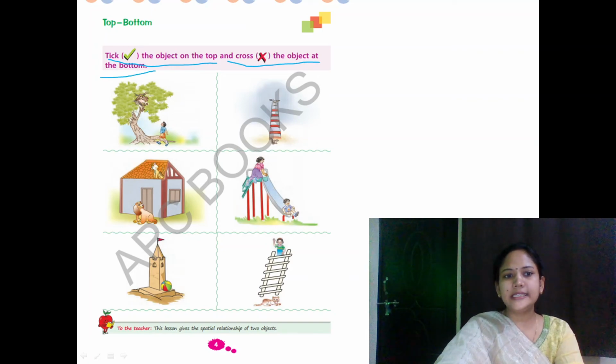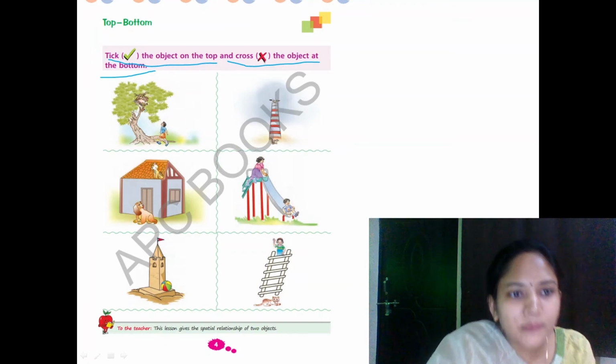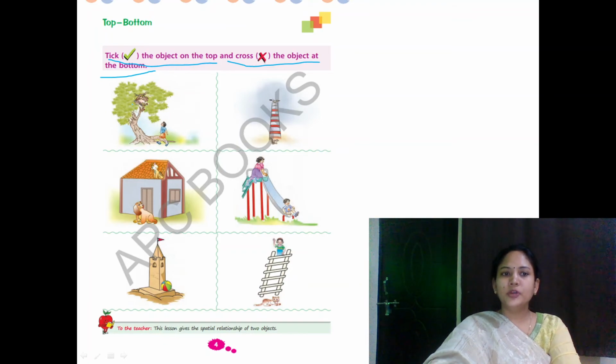Now as you can see here, there is a tree. On the tree there is a monkey at the top. So I am going to tick it and I am going to cross the boy because he is at the bottom. Very good. Now यहाँ पे देखिए, there are two children on the slide, है ना?